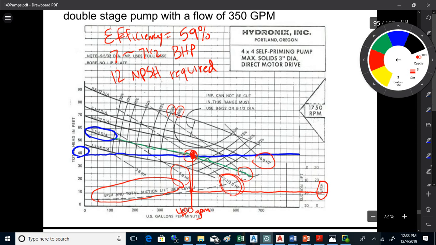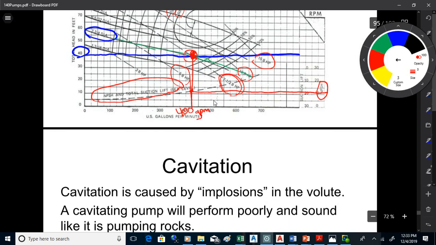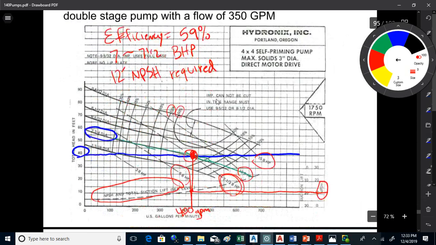If I don't, this pump won't run properly. Okay, so that's 12 feet. All right. So we all right with that? We're good. All right. So that's that pump curve right there.